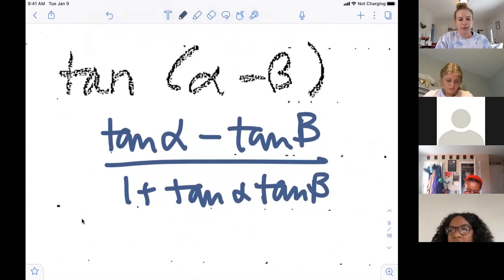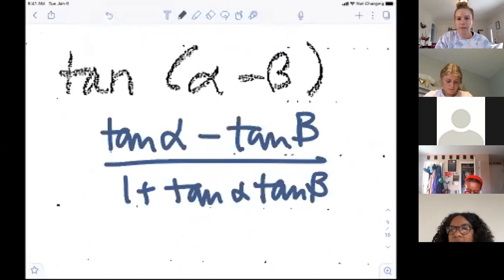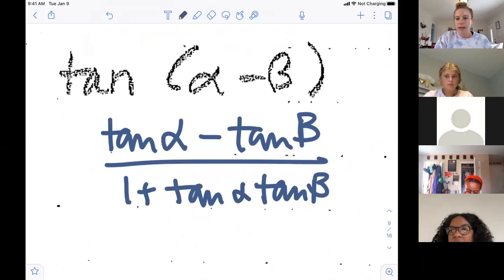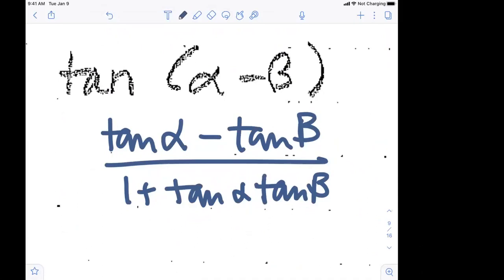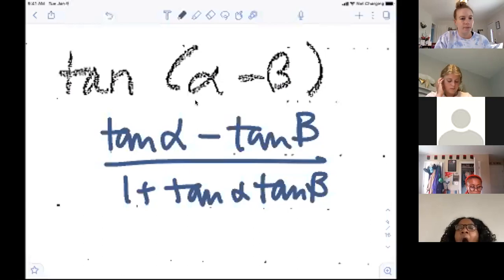All right, everyone okay with the formula so far? Pretty basic. Now we've got to figure out what tangent of alpha and tangent of beta are and then solve from there. So let's go to our little triangles and figure out what that would be.